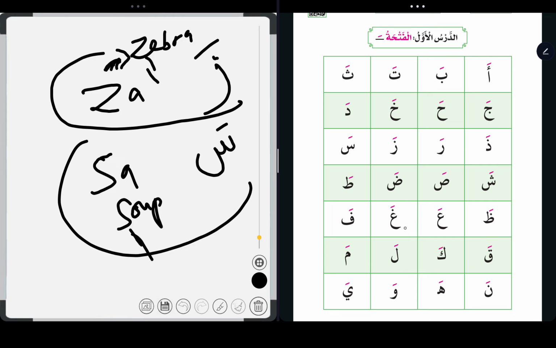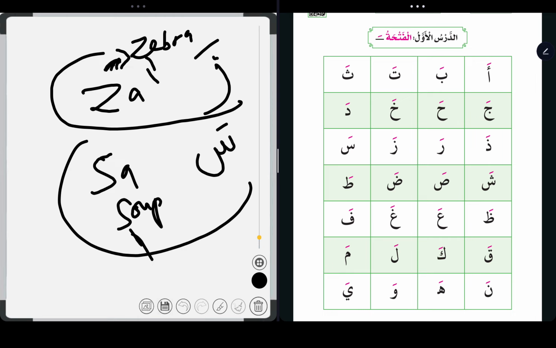Now, you have to be careful when we say jim, when it carries fatha is ja, and not jo, it is ja. So, sod, when it carries fatha is so. Sin, when it carries fatha is sa, so, sa, so. So here we have za, sa, so.